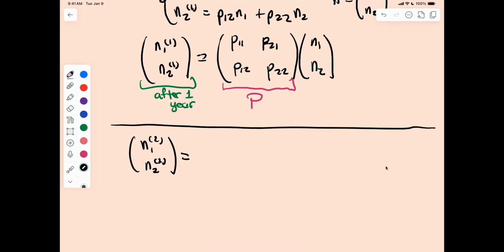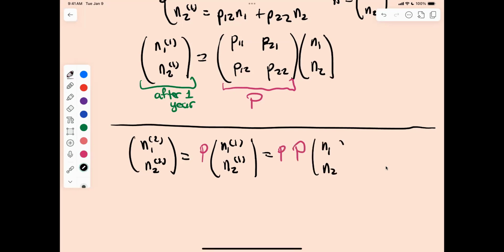So it would also be P with n11 and n21. But you can replace this with the previous formula so that you get P times P times n1 and n2. So after year 2, in terms of the original populations, you get P squared, you square the matrix, times the initial vector.